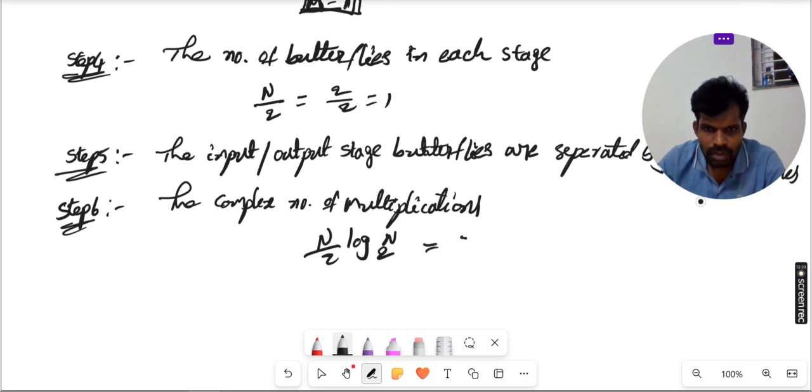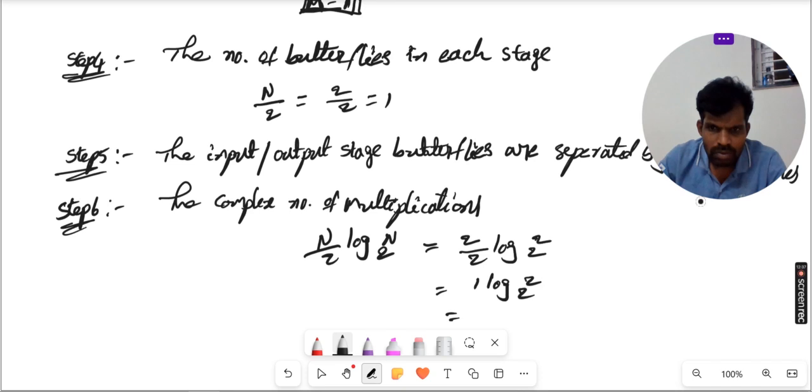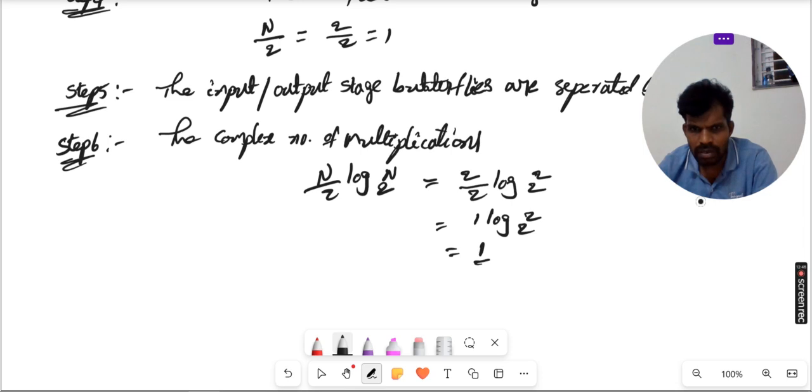By substituting that, we get 2 by 2 log 2 base 2, that is 1 into log 2 base 2. Log a base a value is 1, so 1 into 1 is 1. So the complex number of multiplications is 1.